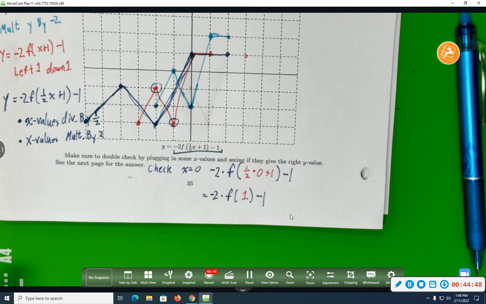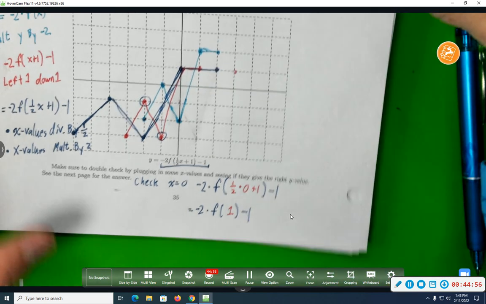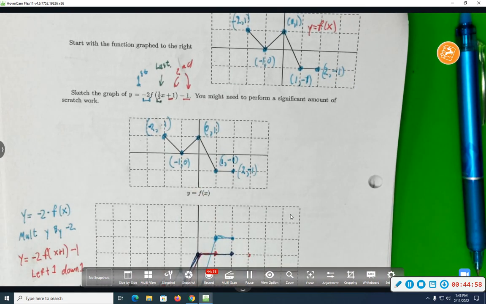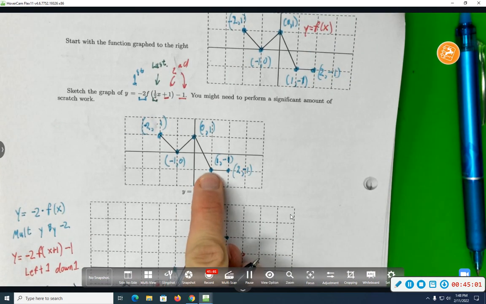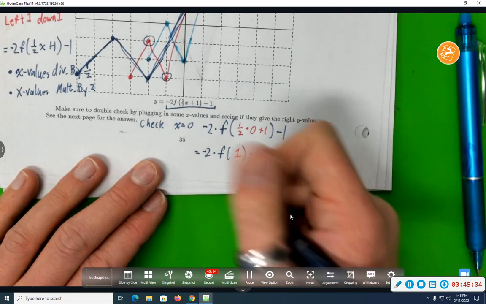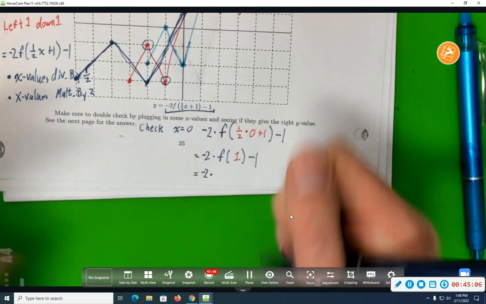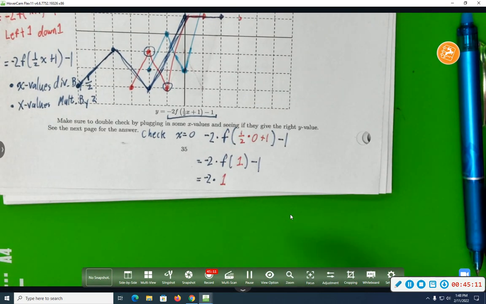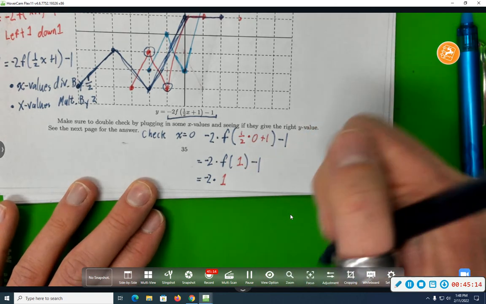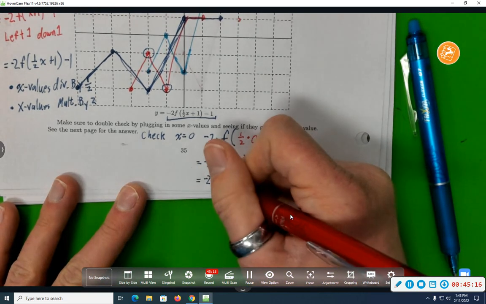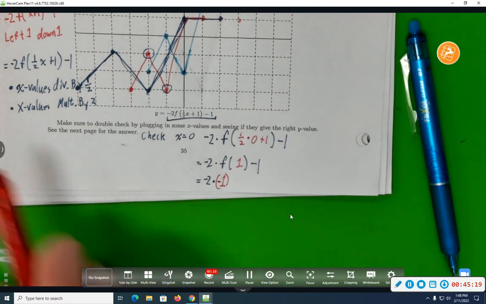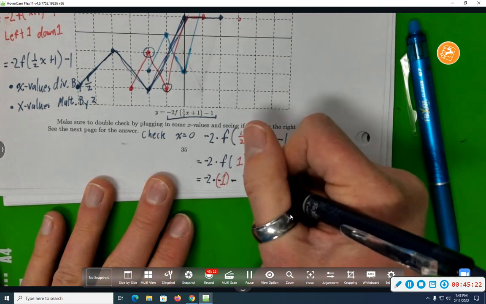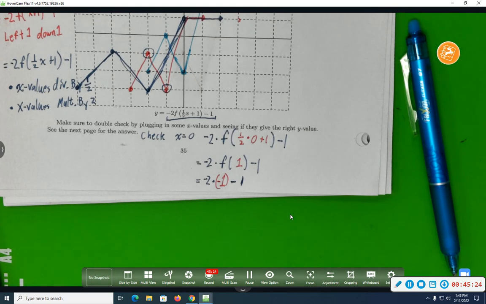And do we have the graph of f somewhere on the paper? So look at the original graph of f. What does the original graph of f tell you that f of 1 should be? Yes, perfect. F of 1 is negative 1.